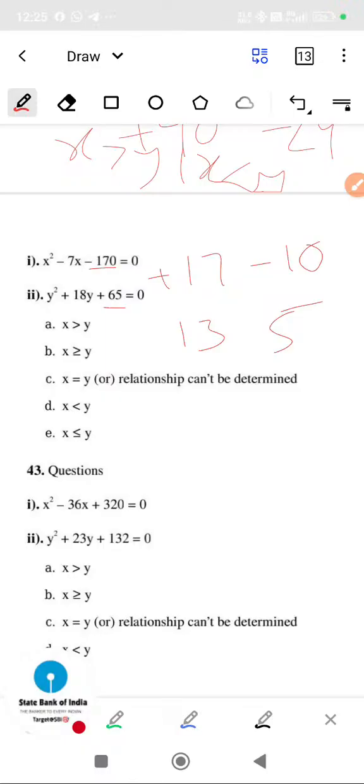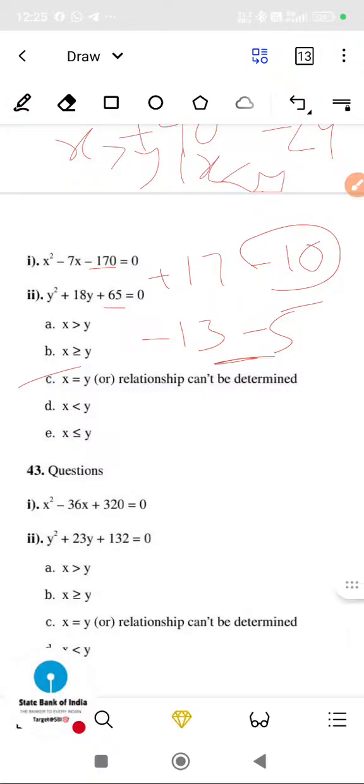So minus plus and plus means both are minus. Now by comparing these two, it is clear that this minus 10 comes in between these two numbers. So x greater than y and x lesser than y comes here. So there is also no relation that can be established between these two equations. So answer will be option C.